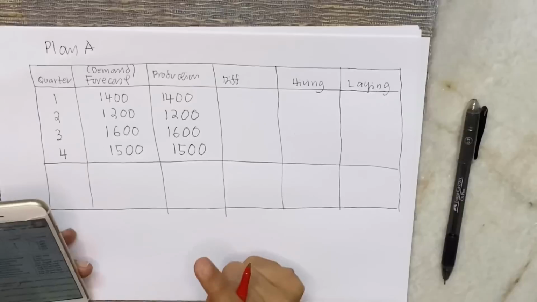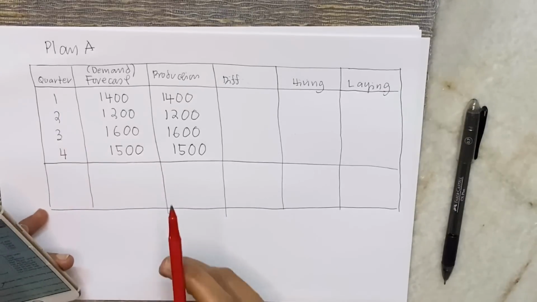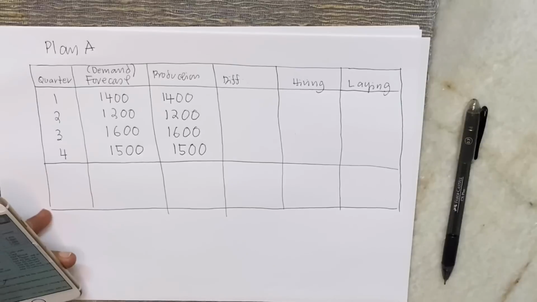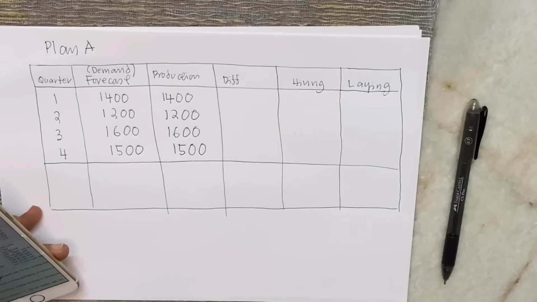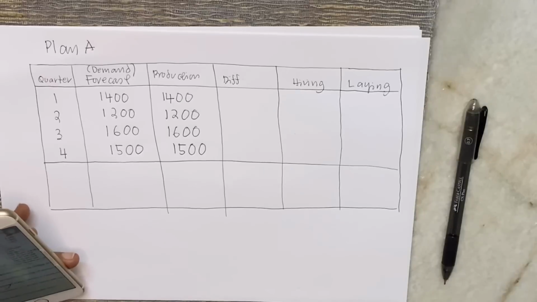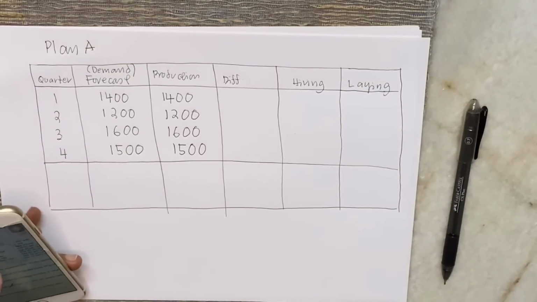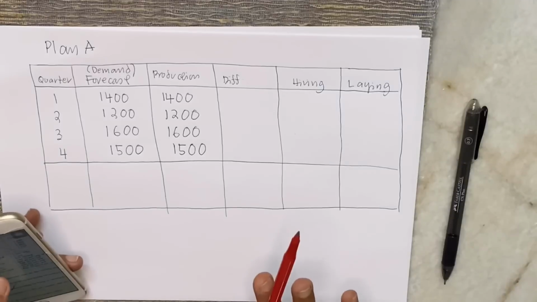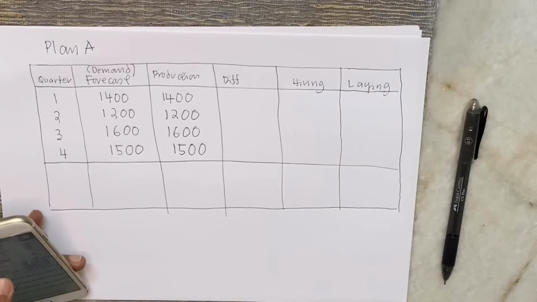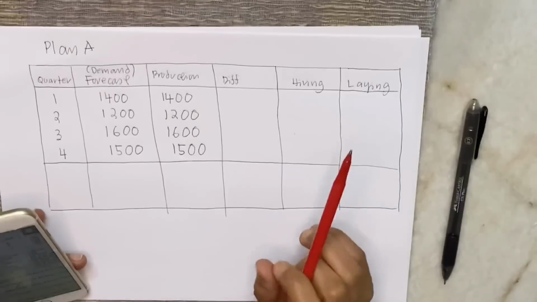This previous output is going to be utilized in quarter 1. And the previous output is going to be utilized only for the chase strategy. It is not going to be utilized in the level production. Remember, level production will not utilize the previous quarter output. We utilize the previous quarter output only in the chase strategy.